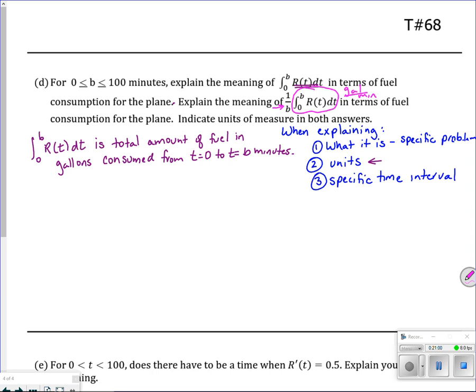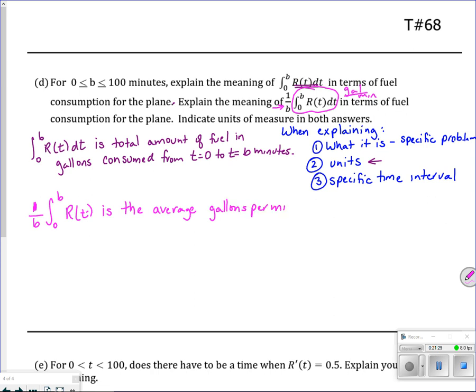Well, what would that give you? Well, that would give you kind of the average. It's like your total number of points you got on a test divided by the number of tests you took. Well, it gives you the average. So this integral from 0 to B of R of T is the average gallons per minute.